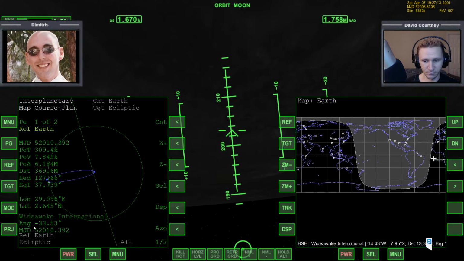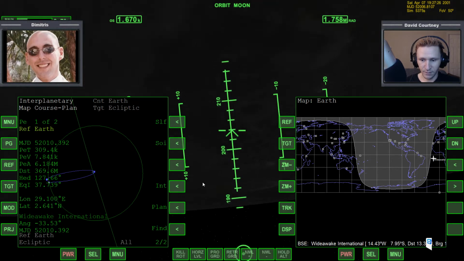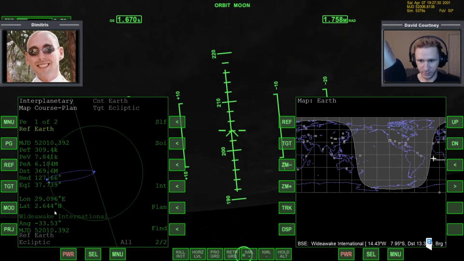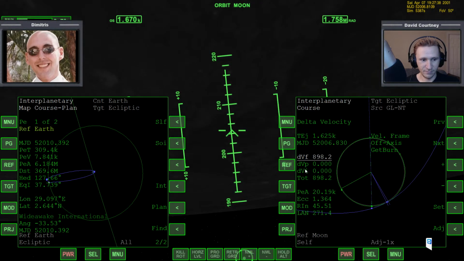And we want to have the angle here somewhere around half a degree, or even less than that. Between half a degree positive and half a degree negative. And we do that by, actually, I forget. We need to open again the delta velocity program on the right side that we already have in the interplanetary IMFD.